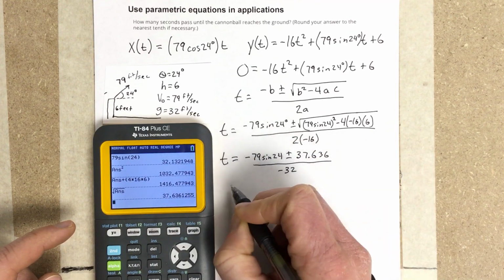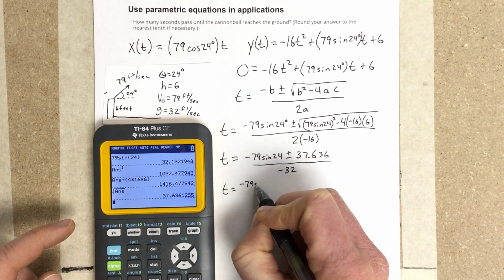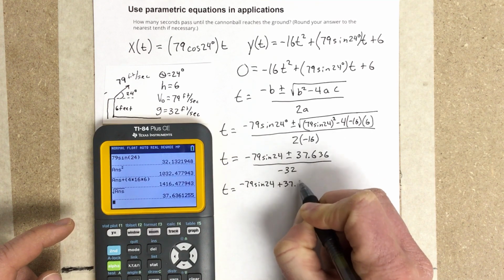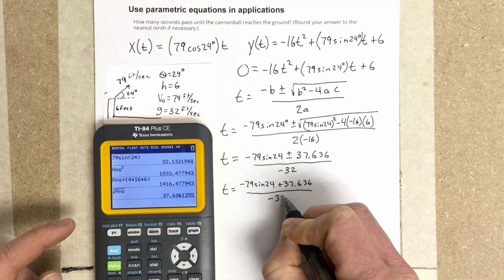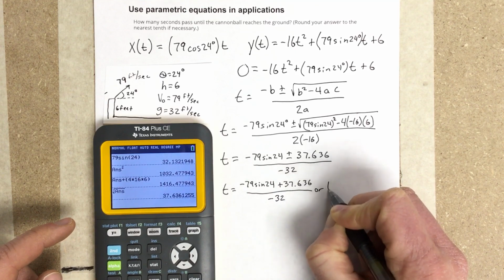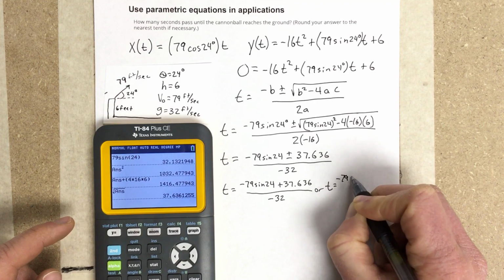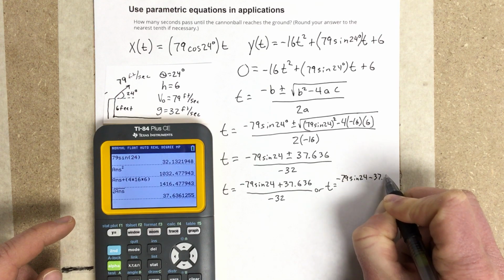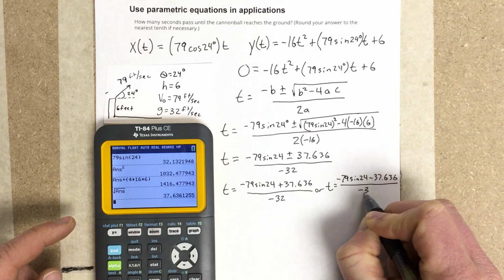So then we're going to say that t is equal to either negative 79 sine 24 plus 37.636 divided by negative 32, or t would equal negative 79 sine 24 minus 37.636 divided by negative 32.